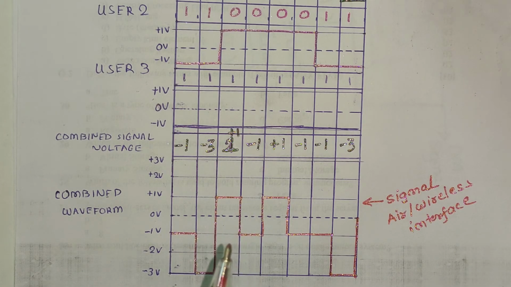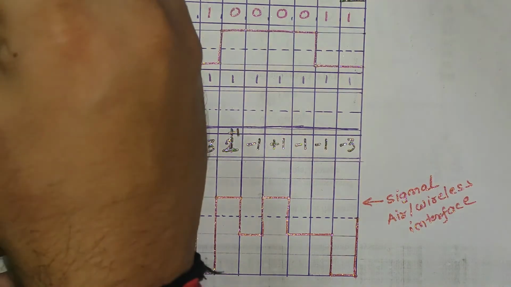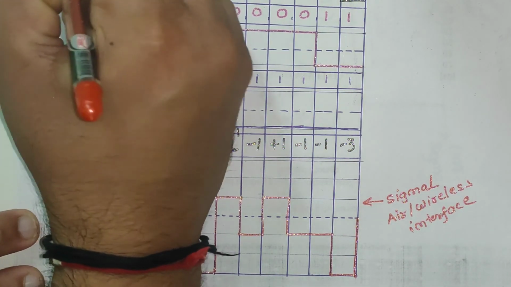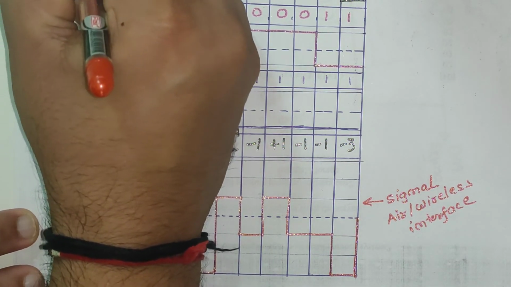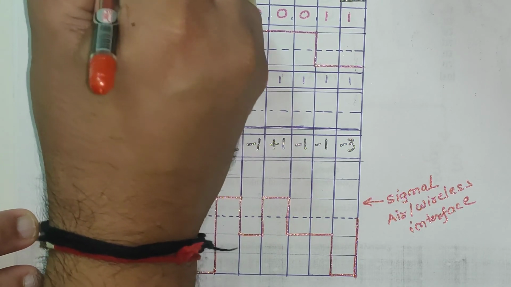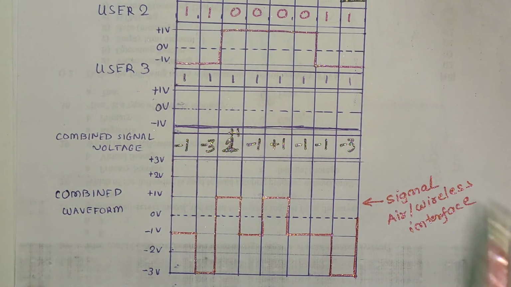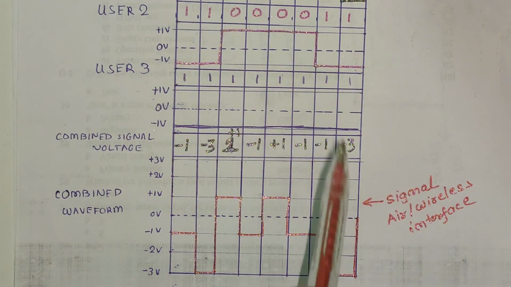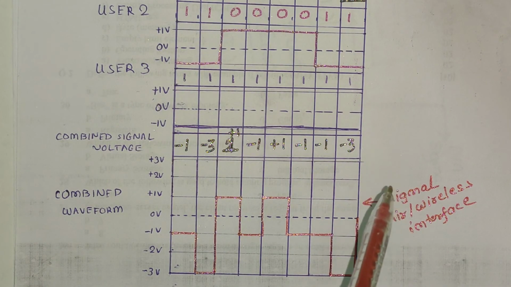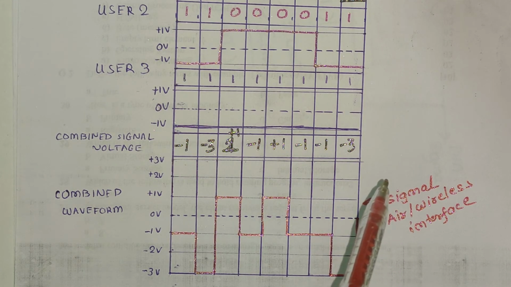So let us try to extract. So that is a transmitter, right? So let us write this down as a transmitter. Alright. So this is going to be the transmitter. At the receiving tower, if they want to extract the data for a particular user, they are going to use a spreading code.